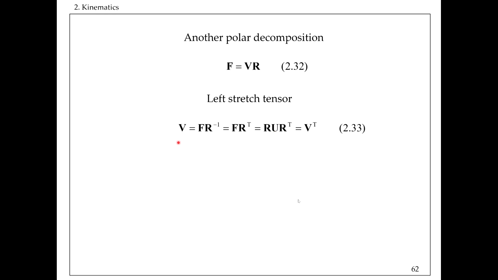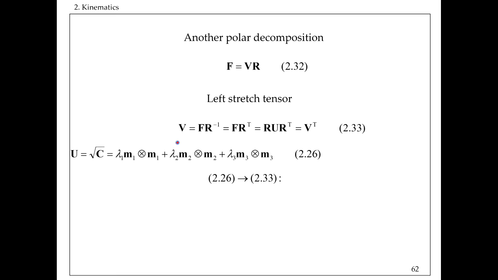Again, for U, we have written it before through the Cauchy-Green tensor. We had this simple structure of these lambda stretches in the principal directions in the undeformed configuration. However, for V the structure will be similar, but the difference is that we have a new vector n.